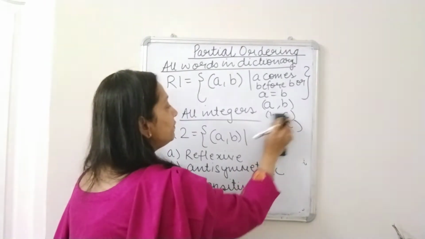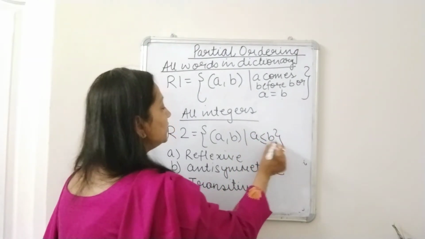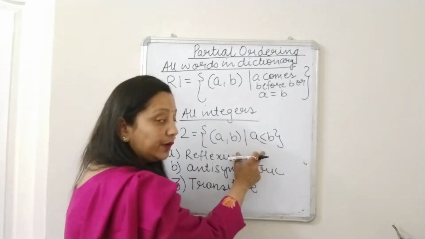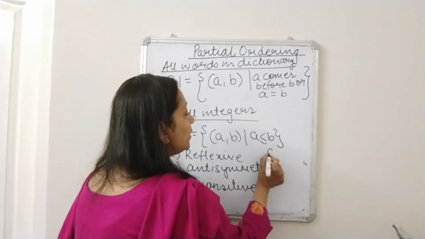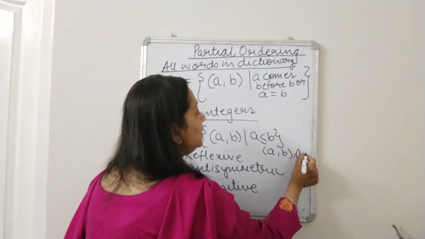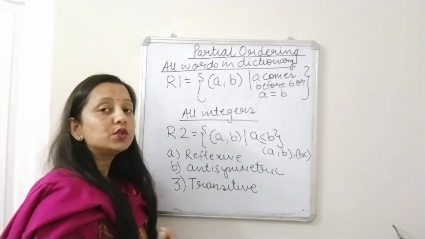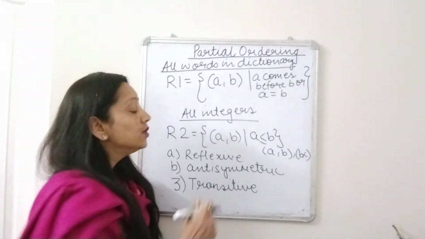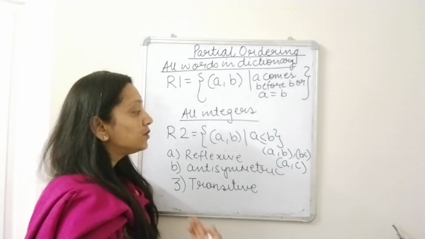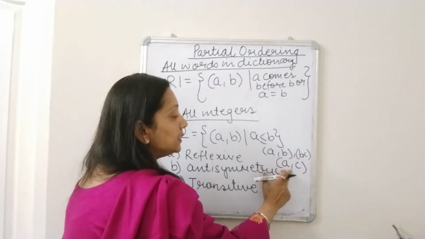Similarly for the second relation, the basis of formation for the ordered pair in this relation is that we have an ordered pair A comma B such that A is always less than or equal to B. So if I have an ordered pair AB, that means A is less than B. Then if I have an ordered pair BC, that means B is less than C. So if A is less than B and B is less than C, then it is quite obvious that A would be less than C. So that means I can also have an ordered pair AC in this case, and this is what the transitive property says, that if an ordered pair AB and BC exists, then AC must also exist.